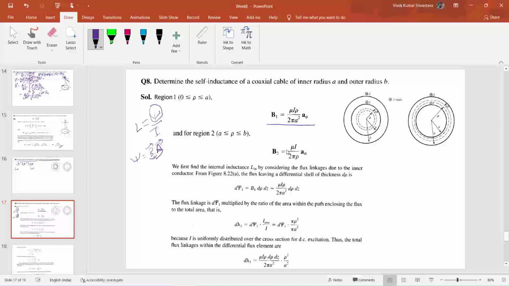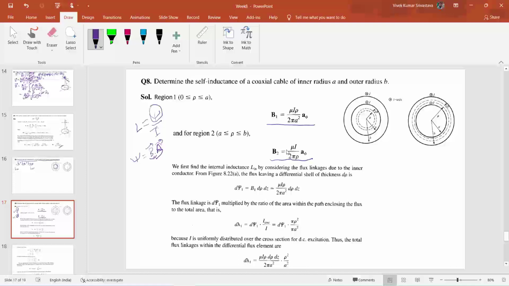Whereas outside this inner conductor the field is defined as mu I over 2 pi rho. These fields you can calculate by using Ampere's circuital law.